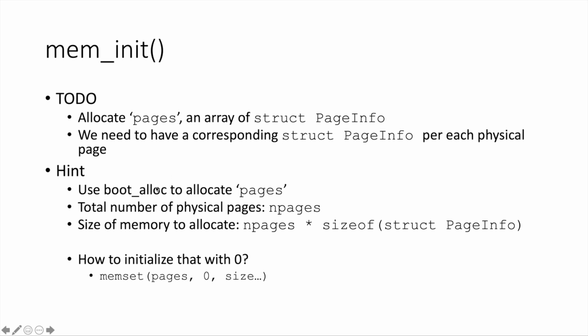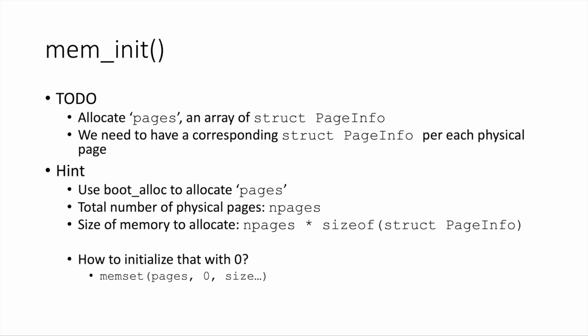To get the size of the allocation, you can get the size of struct page info by writing sizeof struct page info, and you need to allocate that for the number of total physical pages, and JOS will automatically store the total number of physical pages in the variable npages. So by multiplying npages by the size of struct page info, you can get the memory size that you need to allocate using bootalloc.